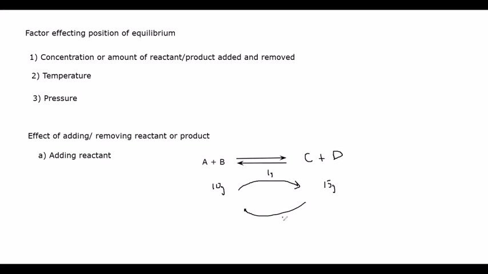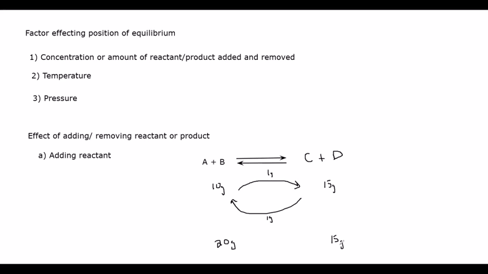If I add reactant, the first case is adding or removing a reactant or product. So if we are adding a reactant, example, we have 10 grams of reactant first in the beginning, but now we made it 20 grams of reactant. How will the equilibrium be affected?